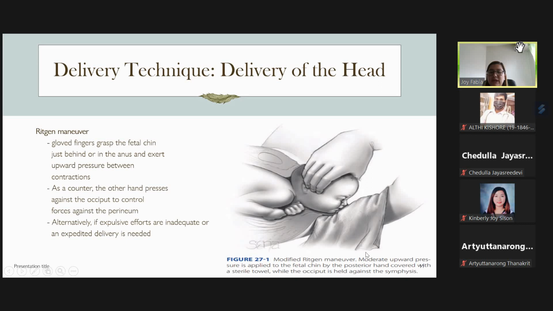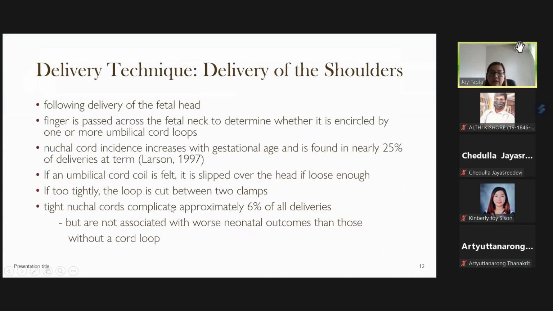So it is almost the same, but take note: by using the sterile towel, and the occiput is held against the symphysis pubis. So the original Ritgen maneuver is only slightly modified.